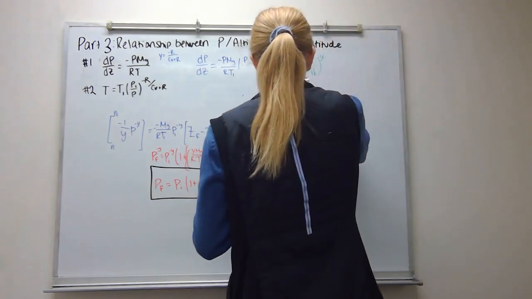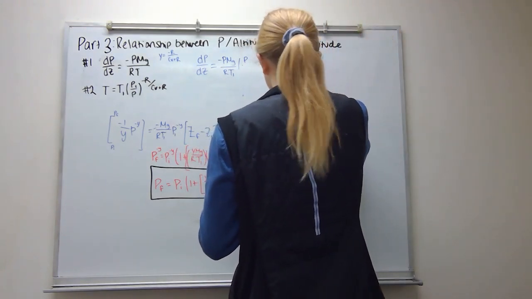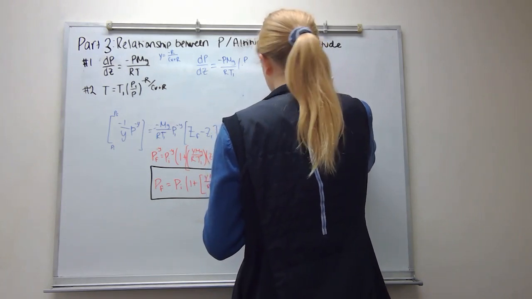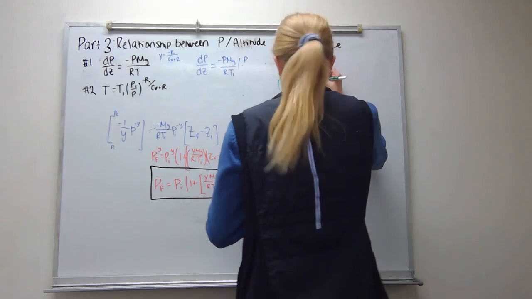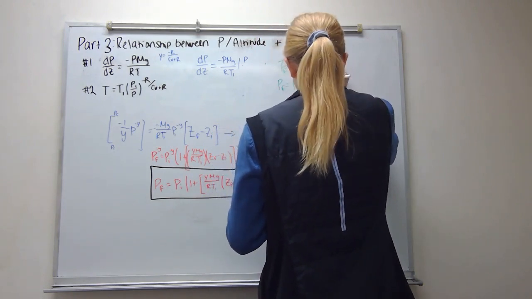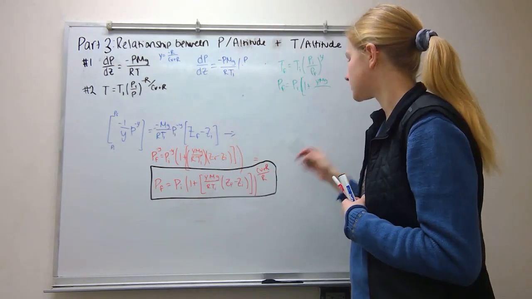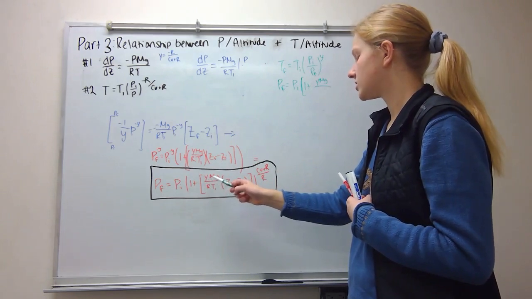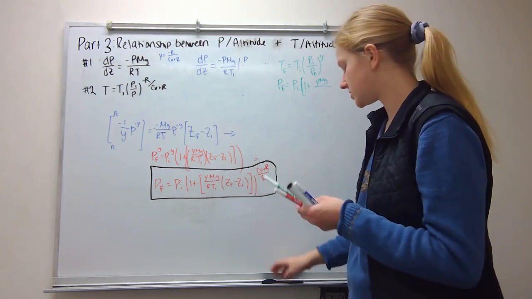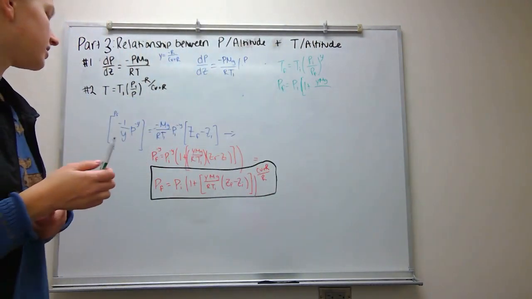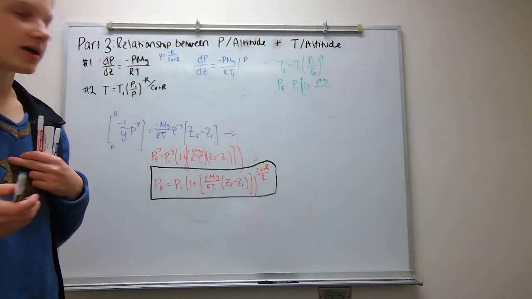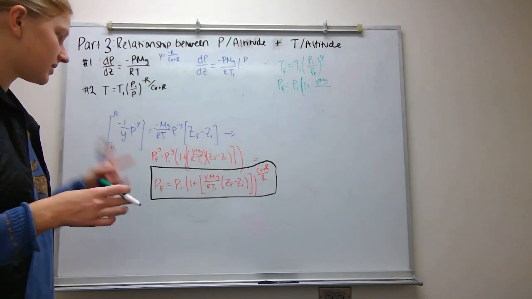So we have the final pressure equals initial pressure times 1 plus y mg over, I still have a y here. So I forgot to substitute CV plus R over R into everything. So that was my bad. But let me fix it really quick.